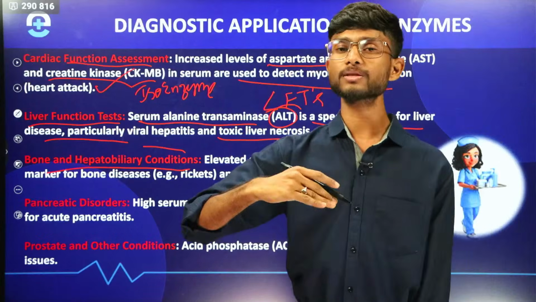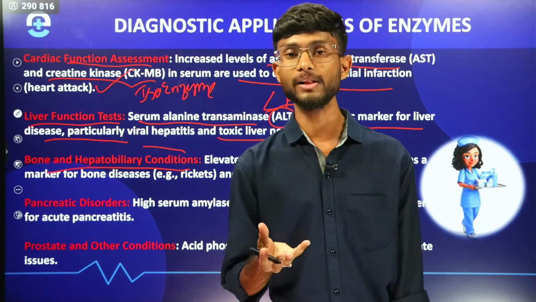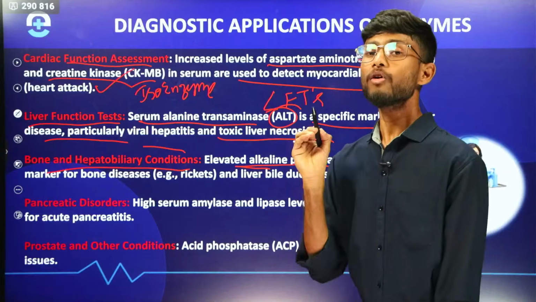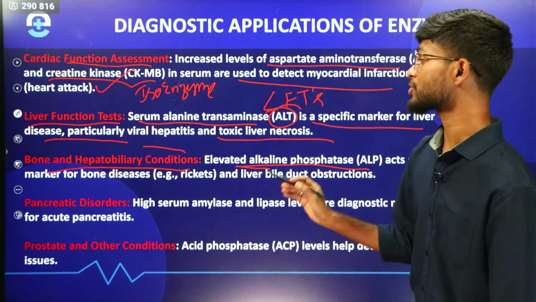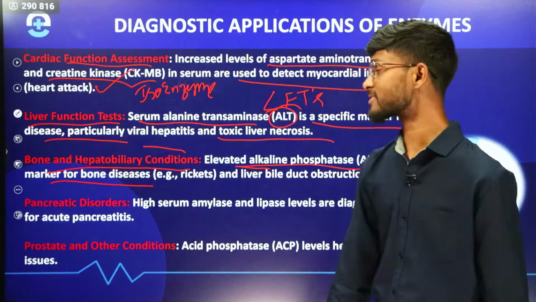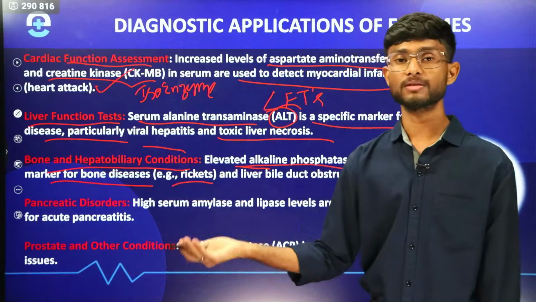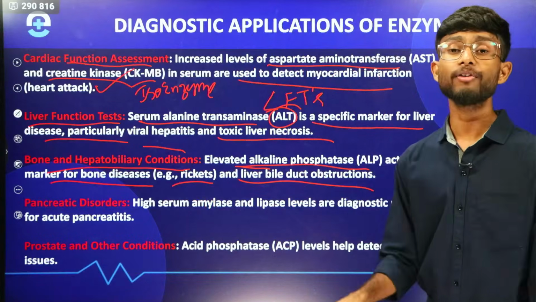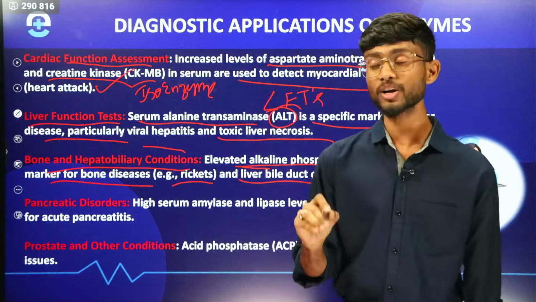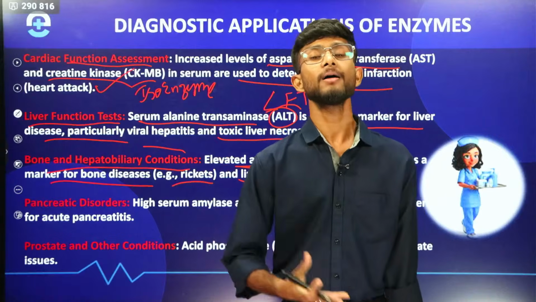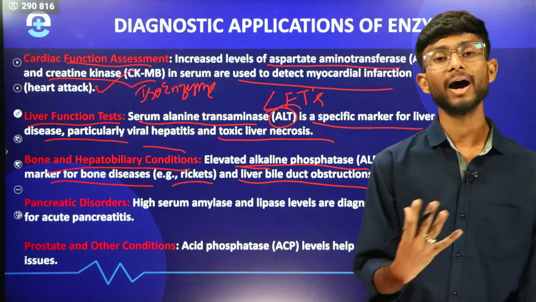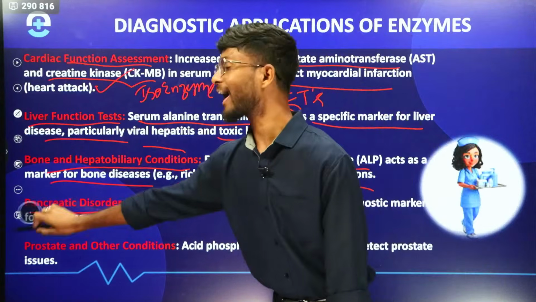Elevated levels of the enzyme called alkaline phosphatase act as a marker for bone diseases like rickets, and also liver bile obstructions. So alkaline phosphatase acts as a marker for both.